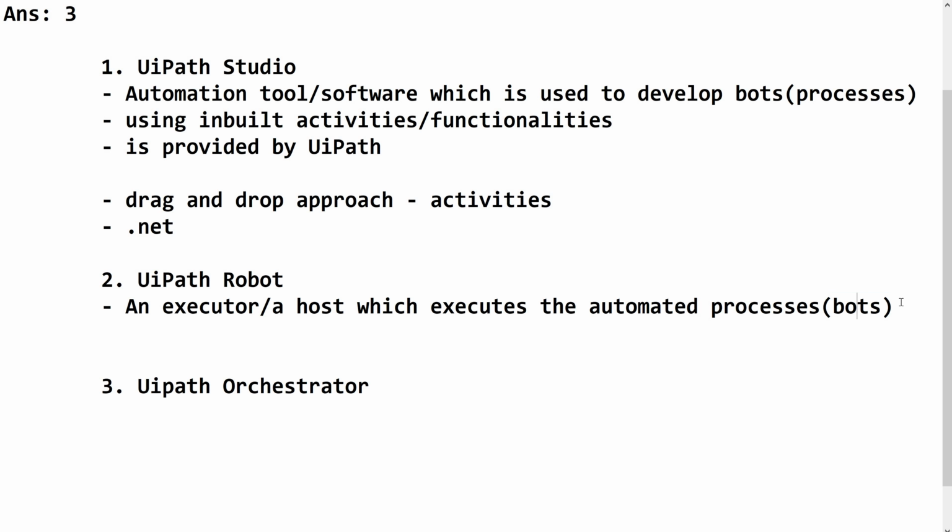In Studio, we are going to develop these bots, and after developing, they are supposed to be deployed on a platform where they are available for all the robos to execute. That is nothing but this orchestrator.